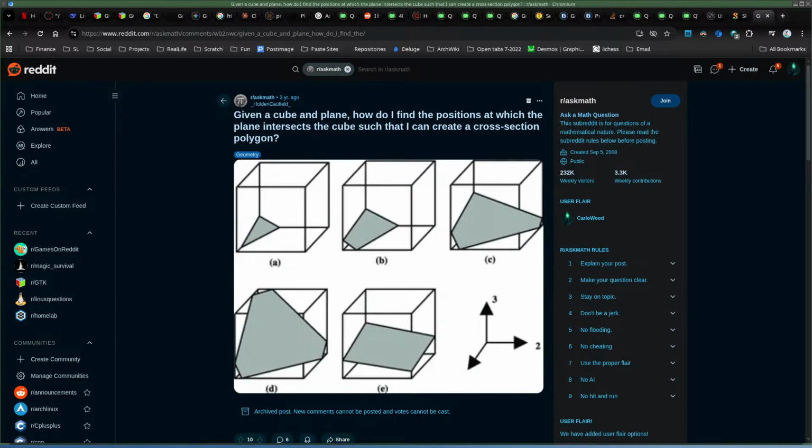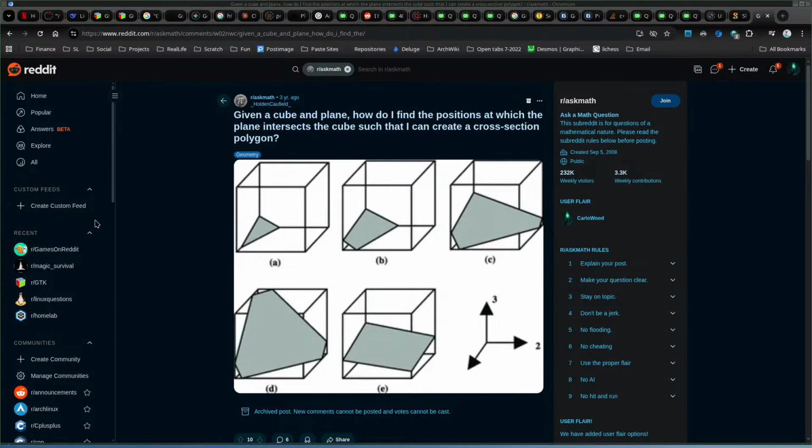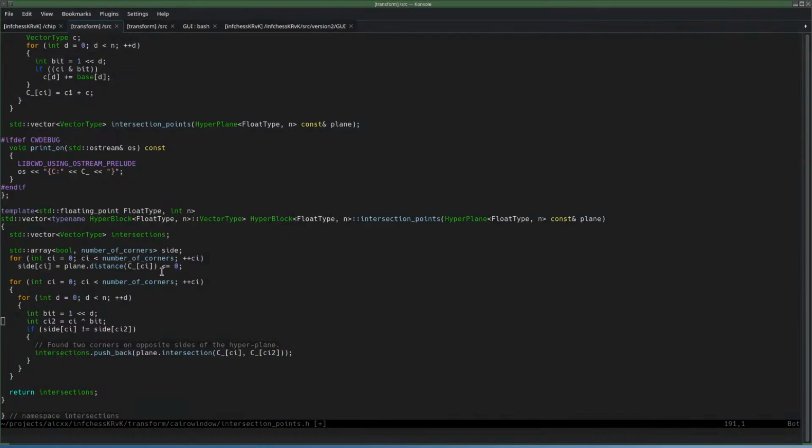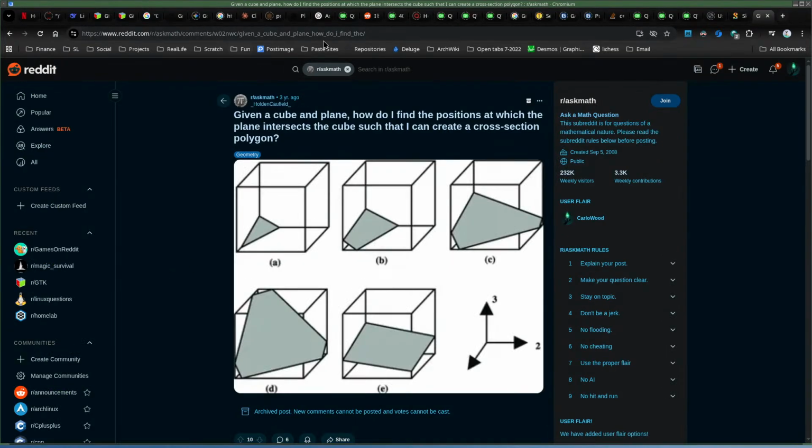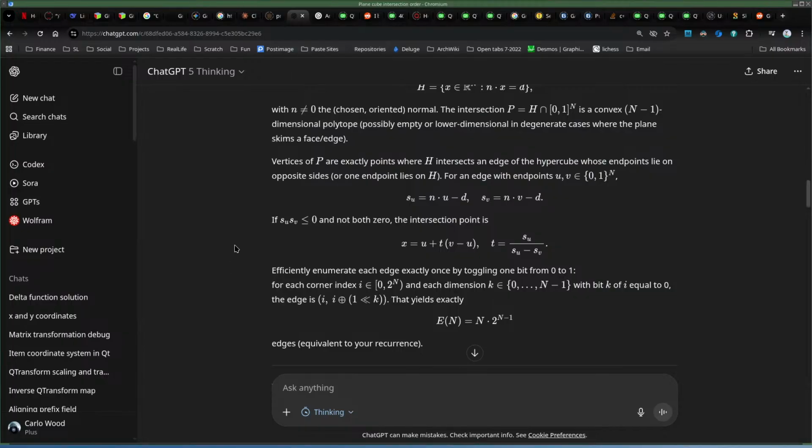Where's my mouse? Which endpoints lie on opposite sides, or blah, blah. For an edge with endpoints U and V, element of, well, the binary number, S_U.